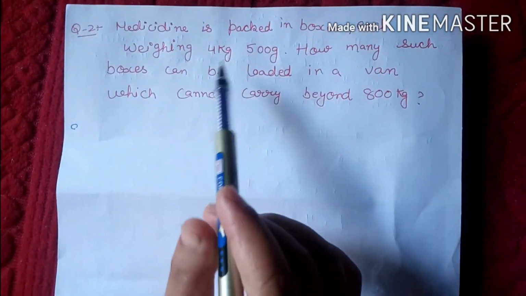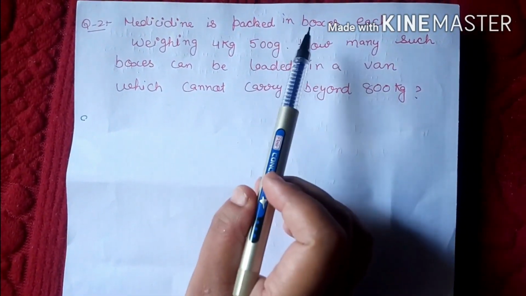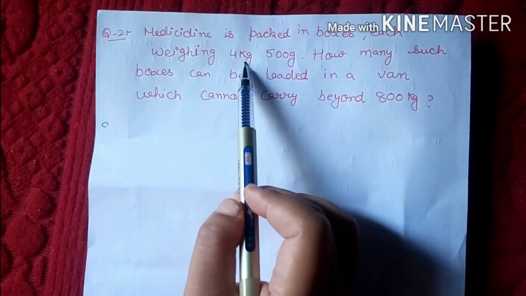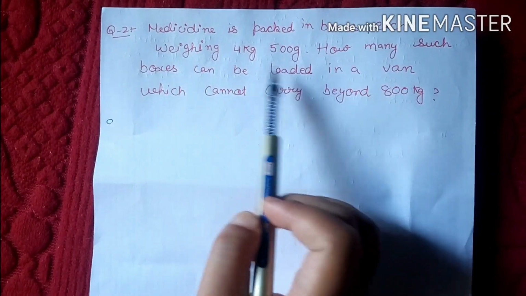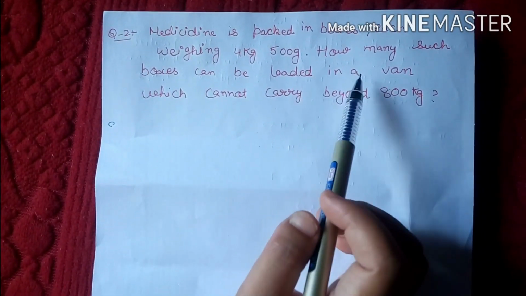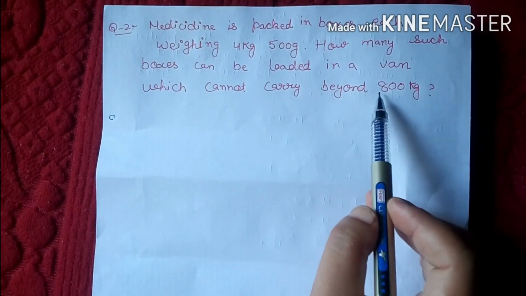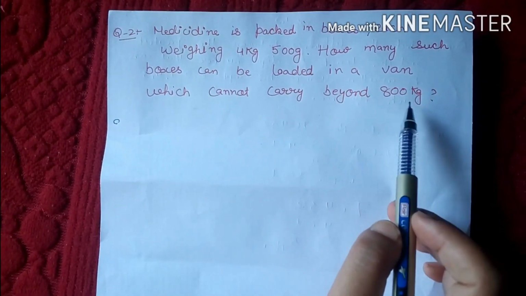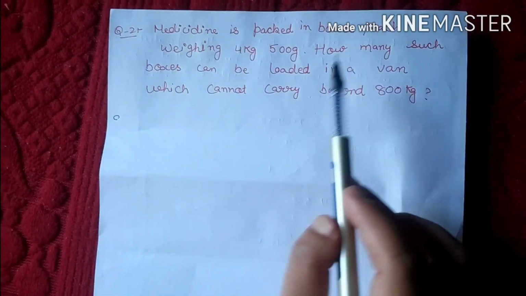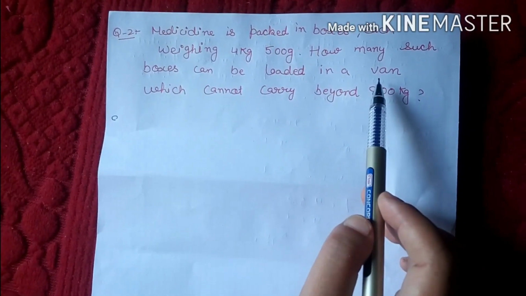The meaning of this question is that we have to pack the medicine in boxes, and each box weight is given as 4 kilogram 500 gram, and these boxes we have to load in a van, but the van cannot carry more than 800 kilogram. So how many boxes can we load in that particular van?